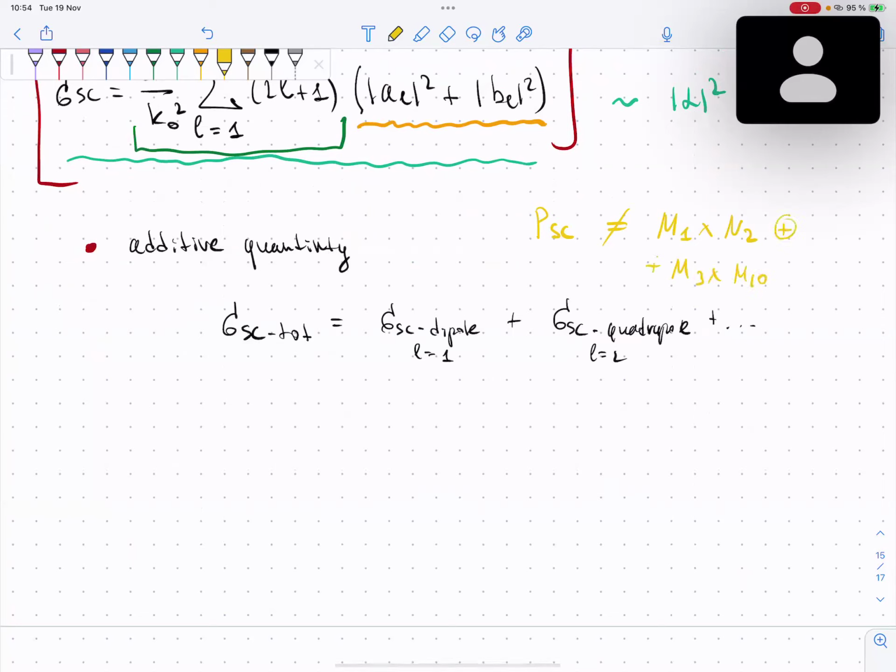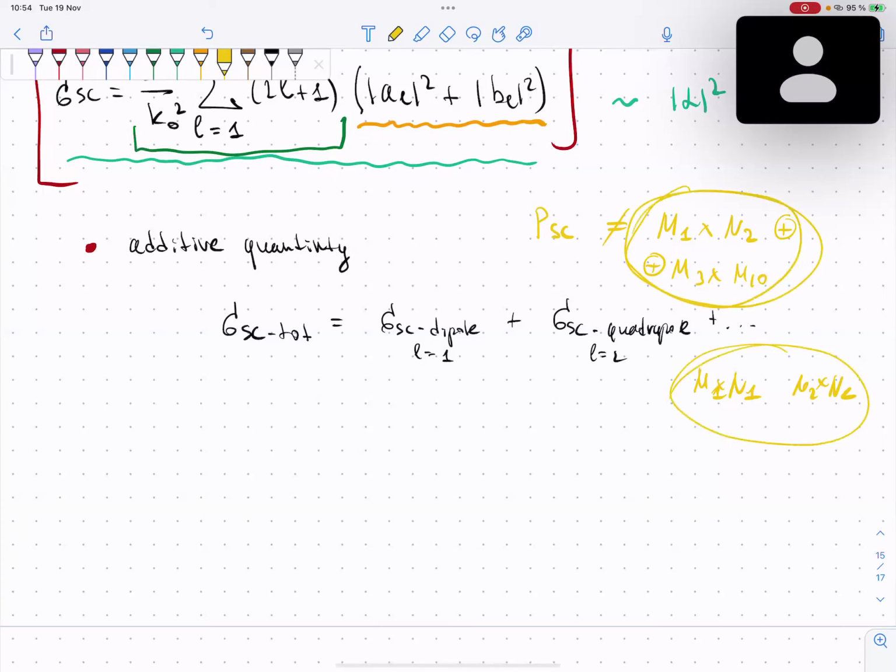We only have terms like m1 with m1, n1 with n1, m2 with m2, n2 with n2. So it means that all these multipoles do not interfere between each other. There are no interference terms.